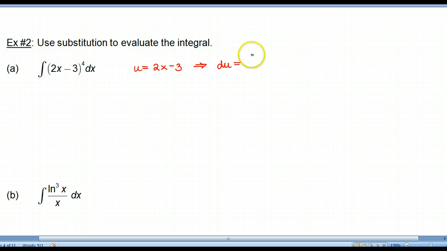So. I see a 2 anywhere, so we have to compensate for that by multiplying by 1/2 out in front.